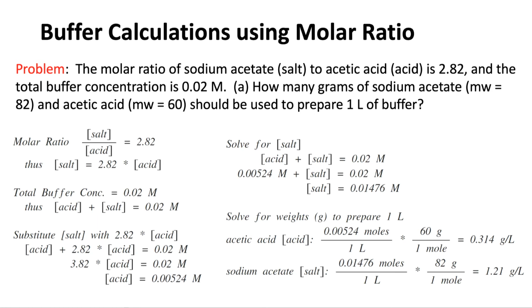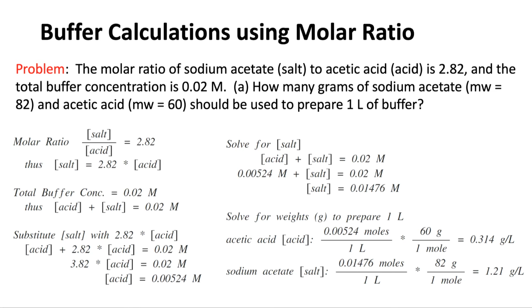I'll remind you, a mole is defined as the molecular weight of a substance in grams. Now the moles cancel, and we will be in grams per liter, which is what we want to solve. If we take 0.00524 times 60, the final numeric answer is 0.314, and the units are grams per liter.